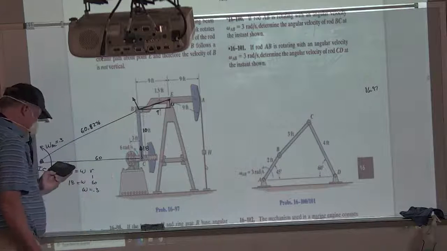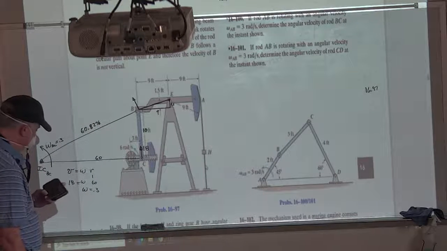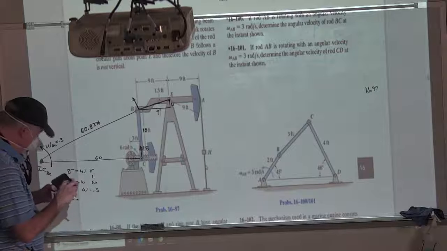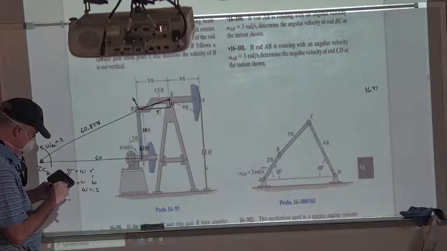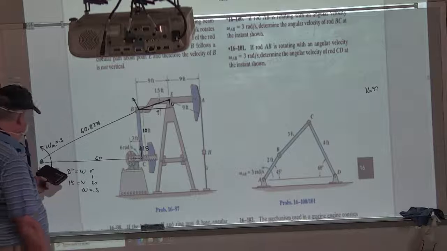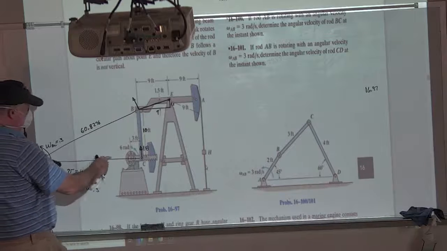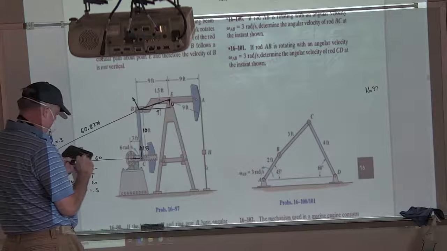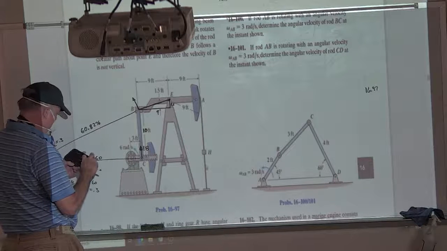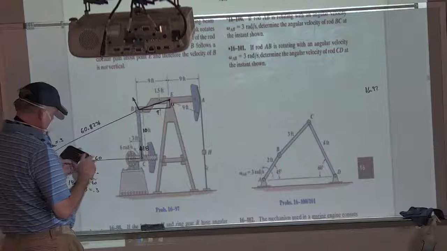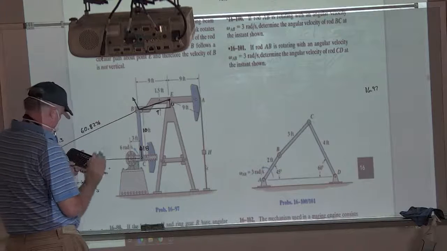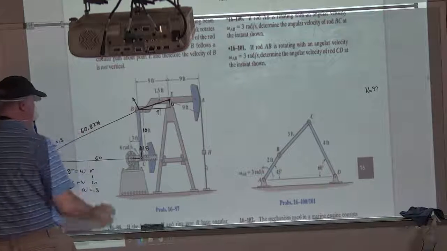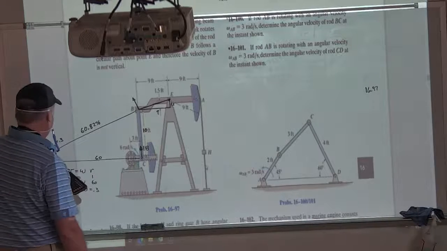Try that again. 60 times 60 gives me 3,600. 10 times 10 gives me 100. Add 100 to it. And then 3,700, take a square root, 60.8. That's the actual answer, apparently.